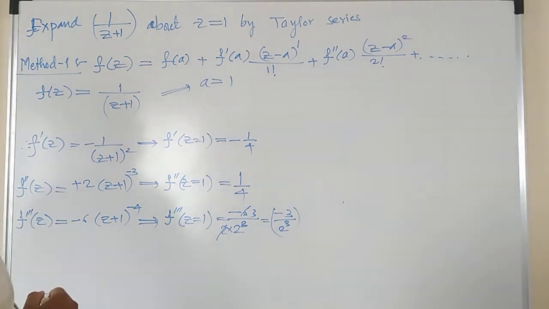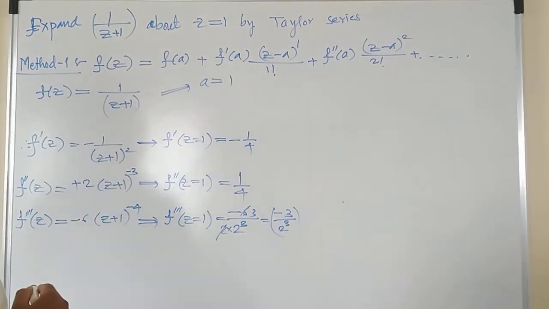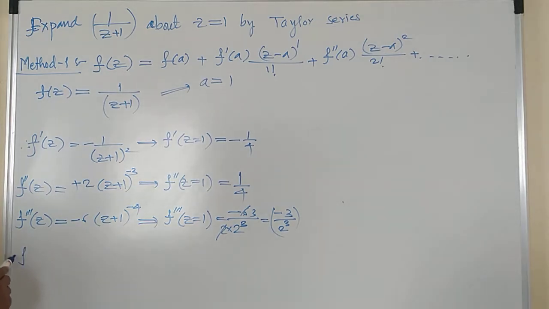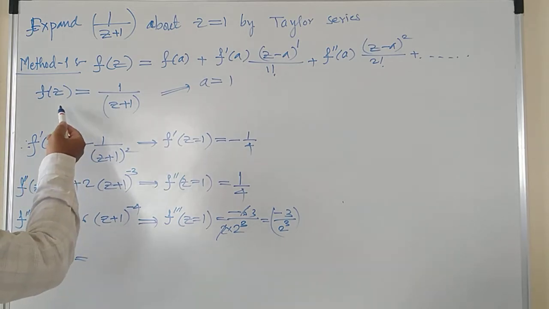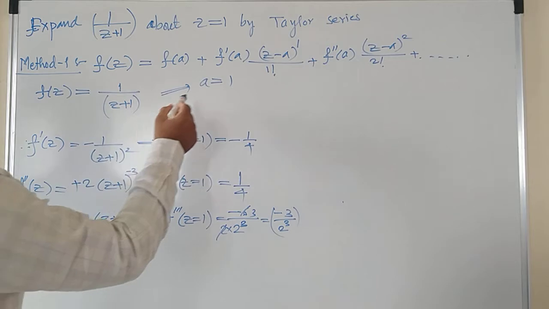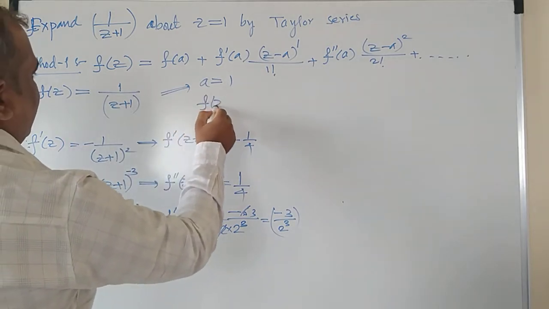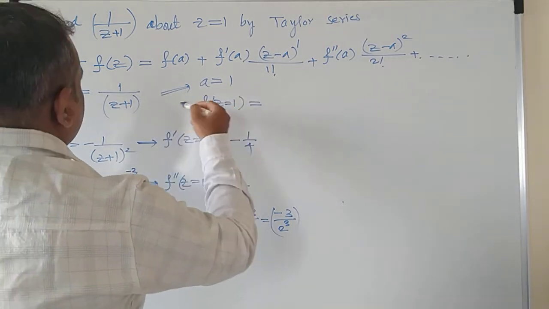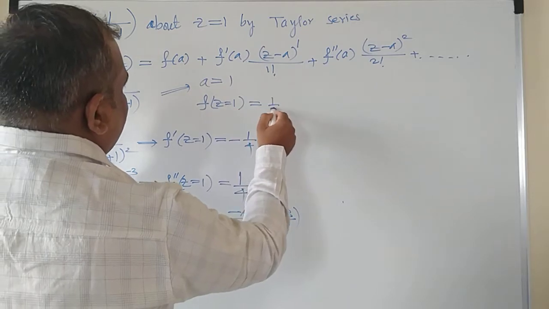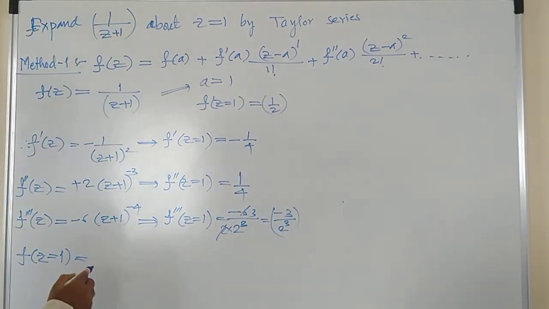Isn't it? Now you can put these values into your series. So this will give you f of z equals to 1 is equals to f of a. F of a is this. Yes, f of a at z is equals to 1, you can put z is equals to 1 and this will give you a value half. So this first term is half plus f dash of a.